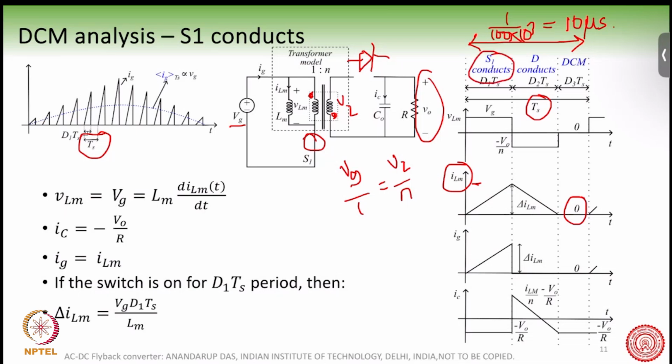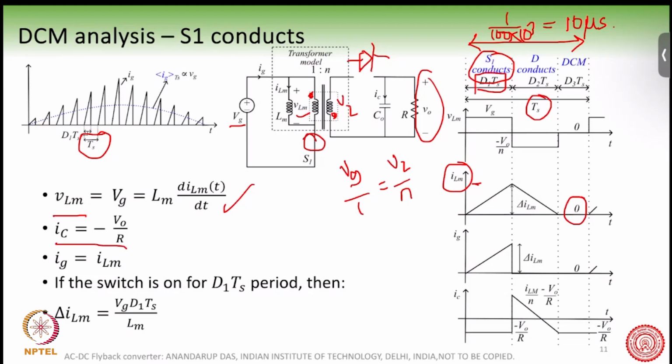So we are now in the first D1 TS time period. You can see here we are in the first D1 TS time period. And there we are trying to find out the equations. What is the voltage across this LM? VLM is equal to VG, this is the basic equation. During this time, the diode is off.